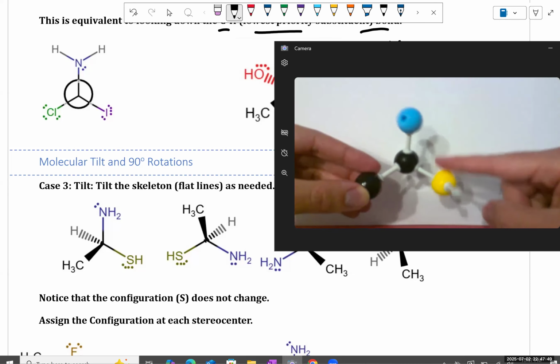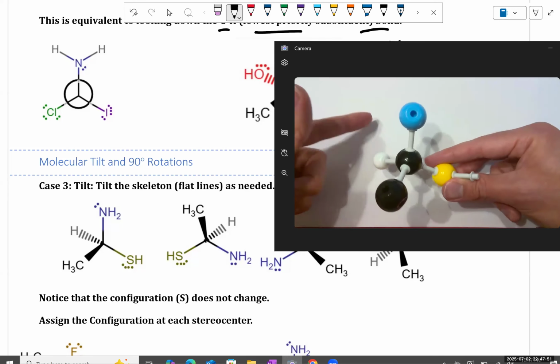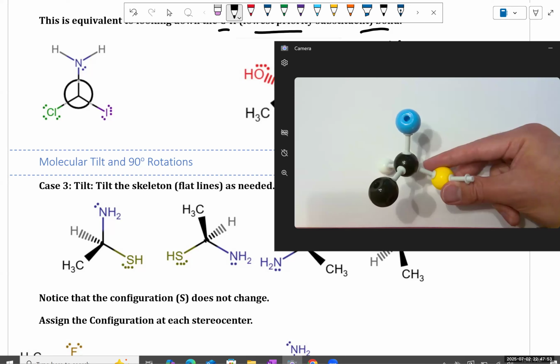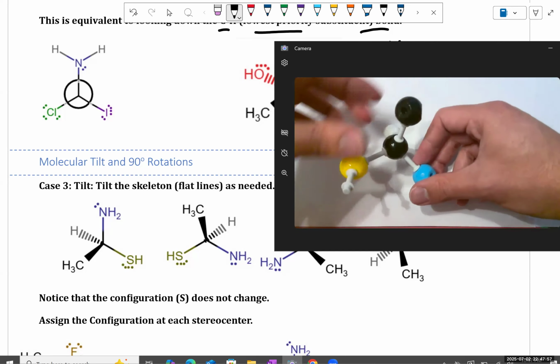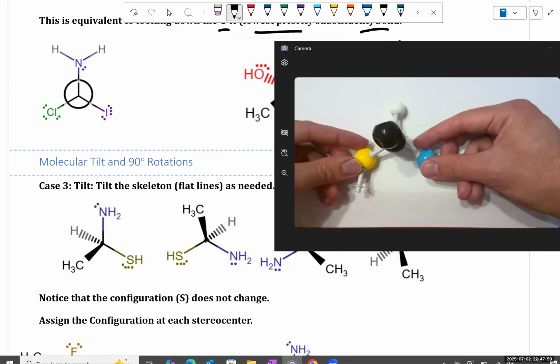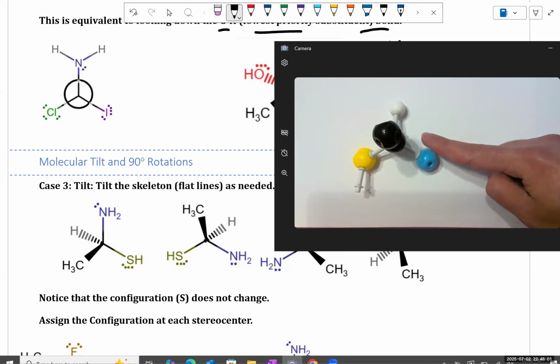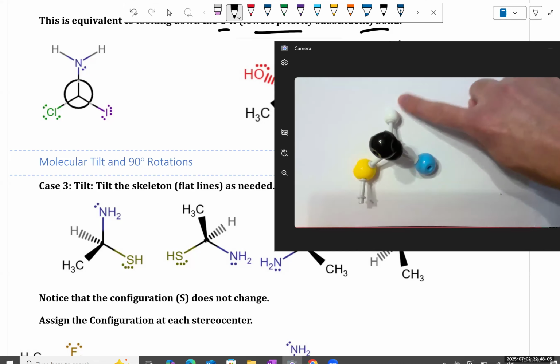The amine's up top, sulfur's on the right, methyl's pointing towards us, the hydrogen's pointing away from us. If we take this bond and tilt it 90 degrees, we now have the sulfur on the left, the amine on the right, the methyl pointing towards us, and the hydrogen in the back.